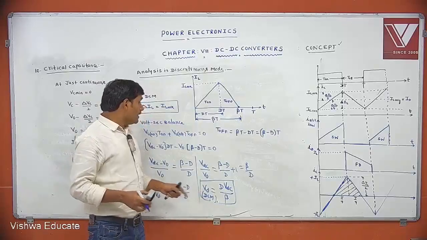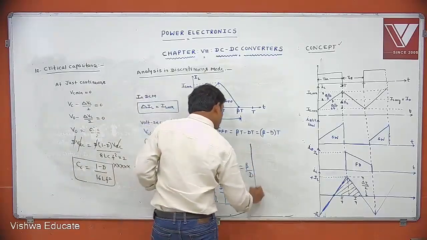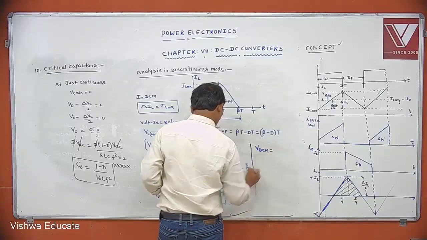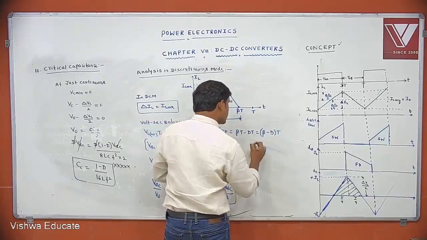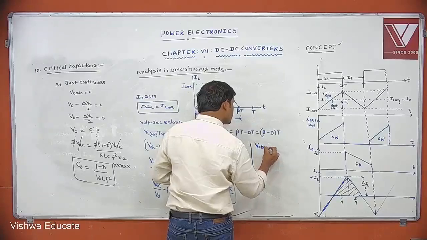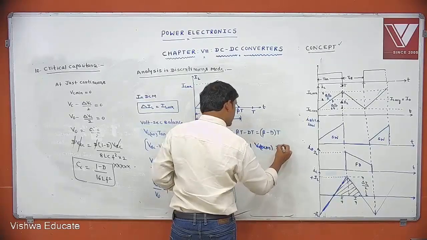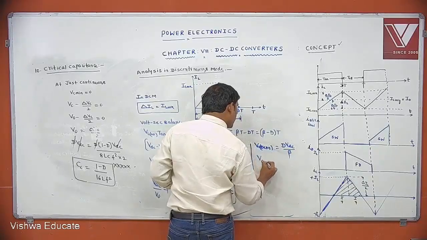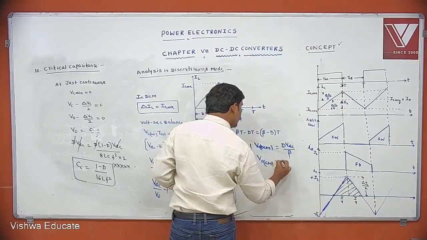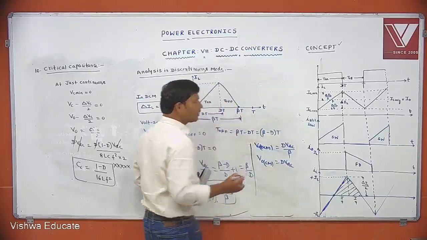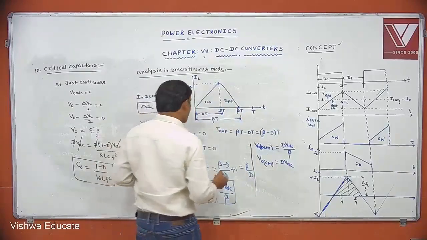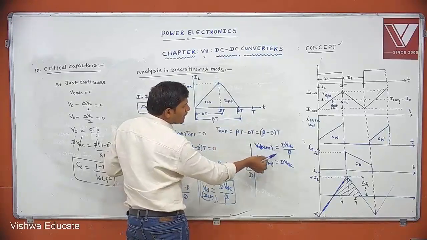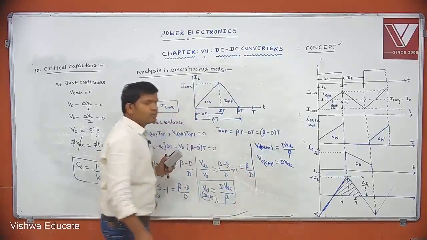The average output voltage in discontinuous mode is d VDC by beta. The average output voltage in continuous mode is d VDC. See the difference. For example, this is V0 in discontinuous mode, this is V0 in continuous mode.